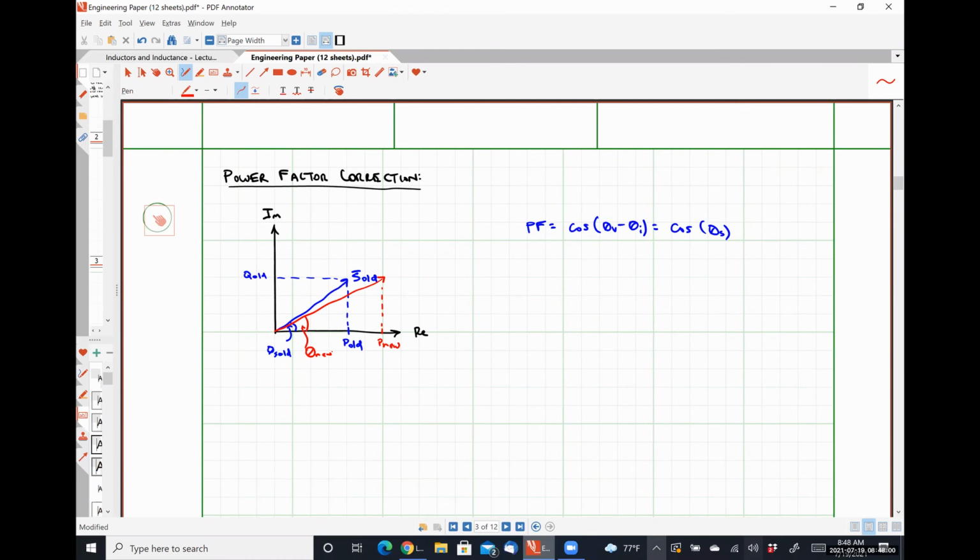Okay. So our other option would be to try to decrease the amount of reactive power that is consumed by our load.